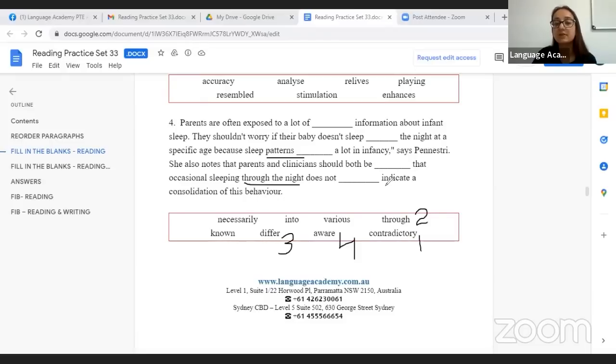The sentence is complete. Indicate is a verb, so we should look for adverb. Should does not necessarily indicate. Now those who have written known with be, so do you want to say that if I say this sentence, you should be aware of the situation? It is wrong grammar. Exceptions are always there, so don't go anything with too strictly rule of thumb.